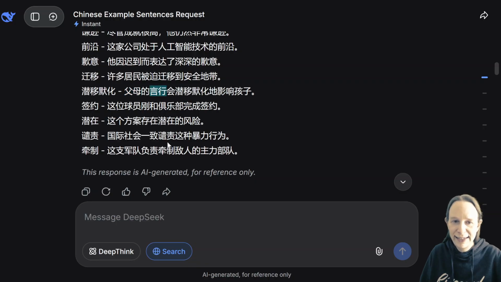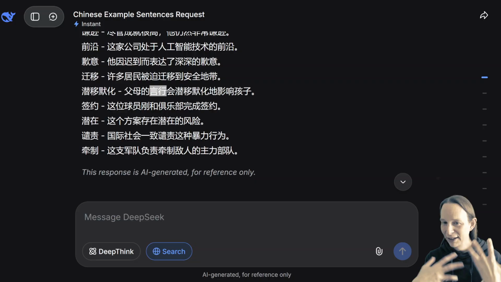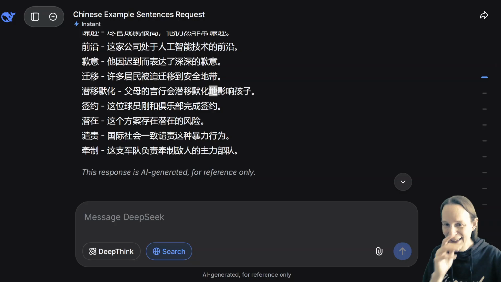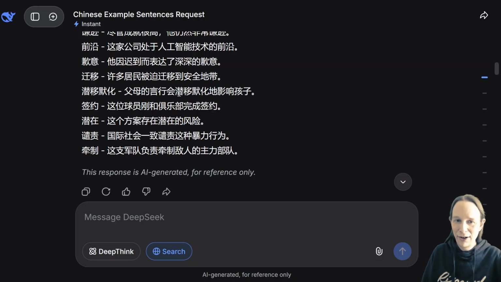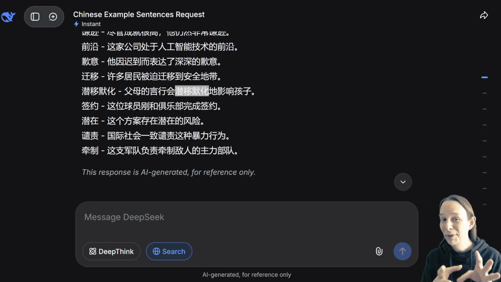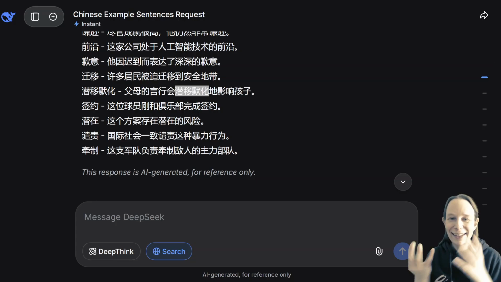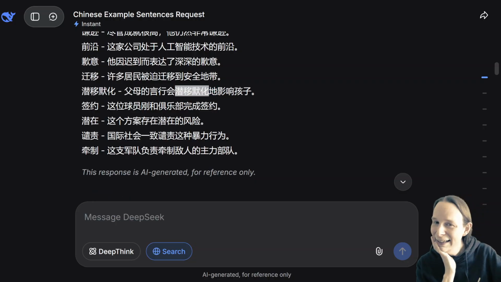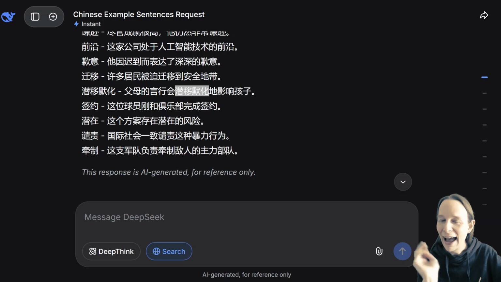父母的言行, so the actions and words of your parents, 会潜移默化地影响孩子. So it's used as an adverb, note the existence of a de here. So if this was an adverb, you wouldn't put the de, right? So the de changes a non-adverb into an adverb. And 潜移默化地影响孩子.